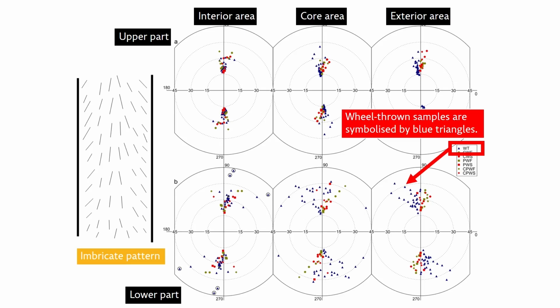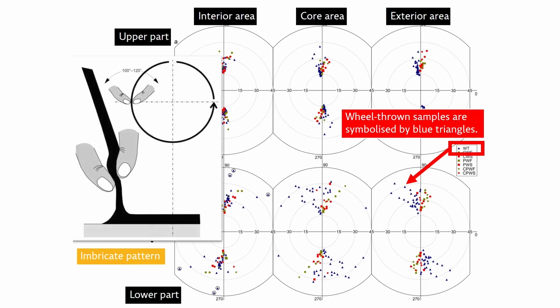Comparison of internal and external areas shows that the inclination of the objects inwards is more strongly developed in the external zones. We explain this phenomenon by the disproportion of the forces required on the interior and exterior of the vessel, which causes larger shear deformation on the exterior area of the vessel wall and subsequently a more pronounced imbricate pattern in this area.